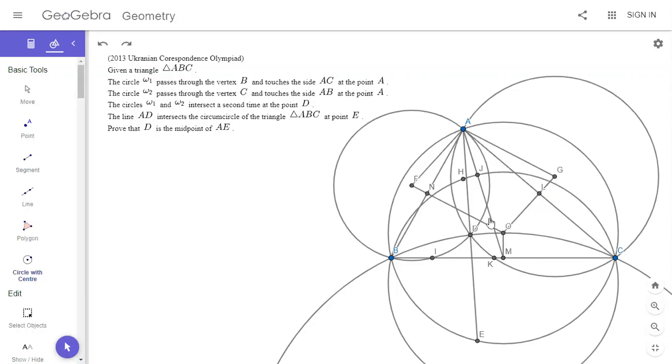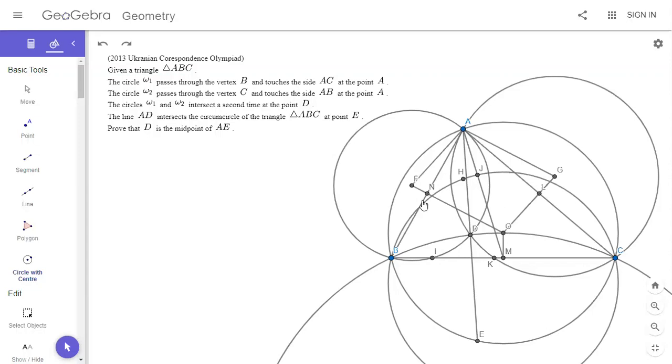So we want to show NDL is equal to NOL. Yeah, NOL is just FOG, which is FAG. And I guess we can find IDK as IDE, which turns out to be IBA.